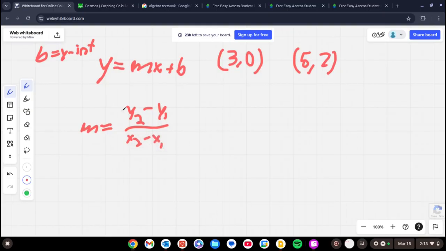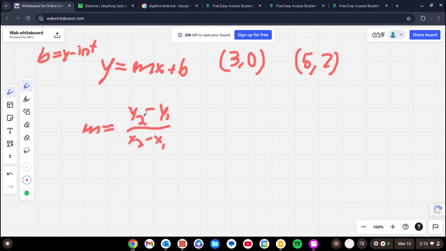So this is kind of a freaky equation. If you've never done this before, I'm sure you have. You probably know what this is, but if you don't, that's okay. This is just basically telling you the rate of change between these 2 points, and it's just plugging numbers in.